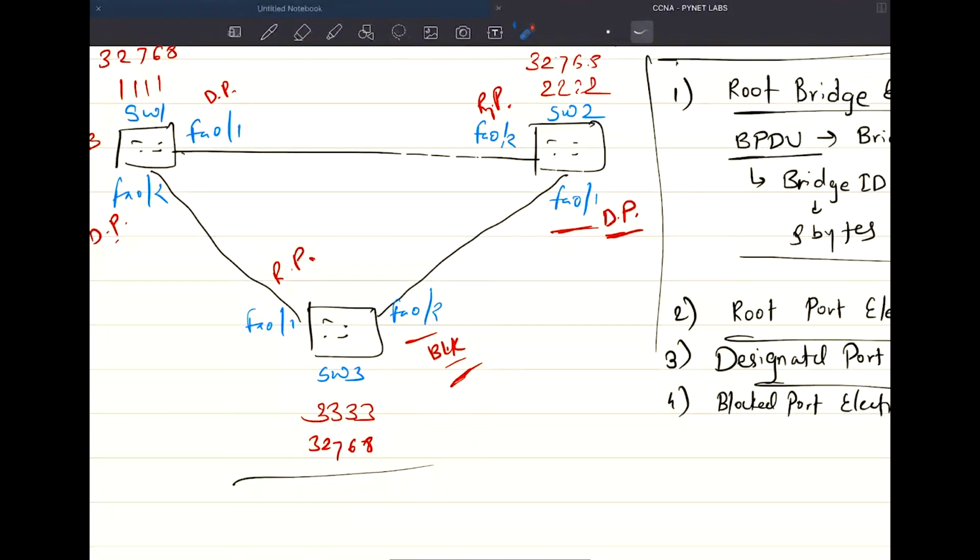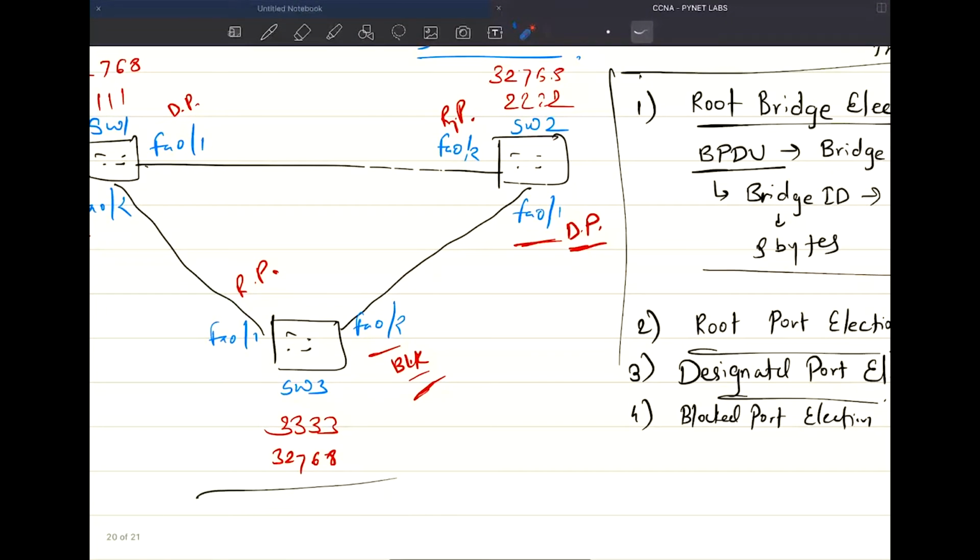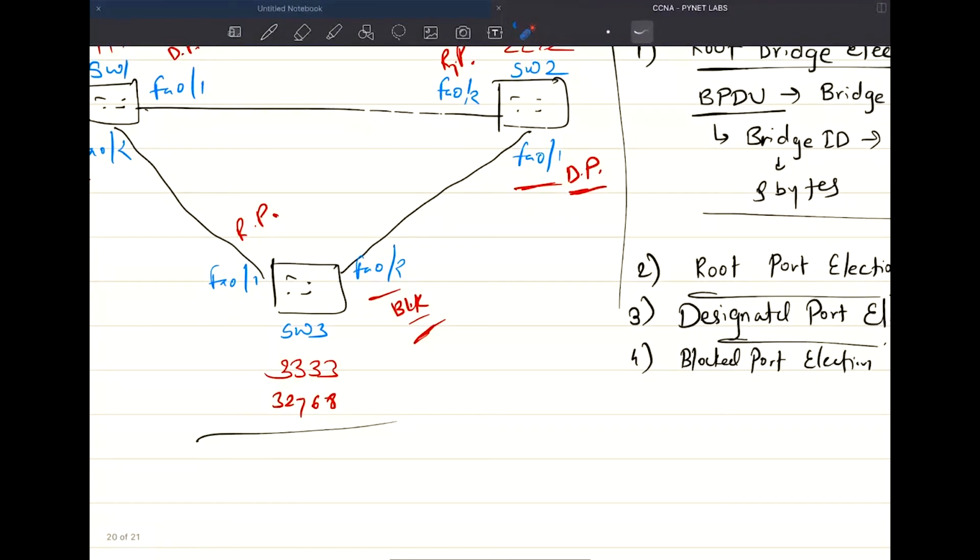That's why one of the ports is placed into the designated port role, so that whenever there is a need, the device can forward the traffic via that interface. Do you understand this? A designated port basically stays there so that whenever this link needs to come up, it can forward the information to the blocked port: hey there, please turn yourself up.